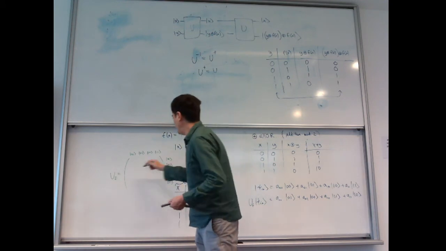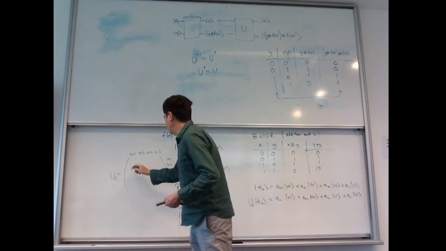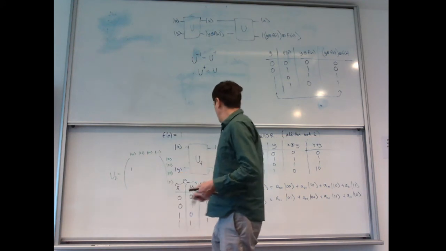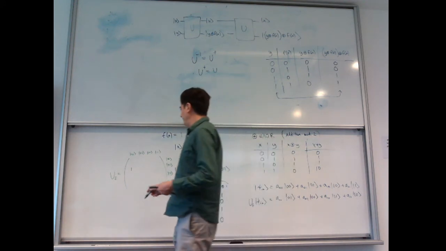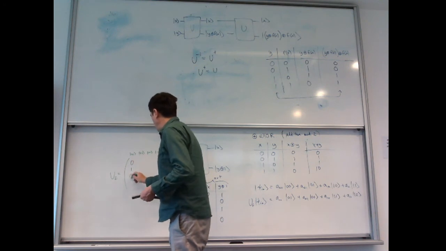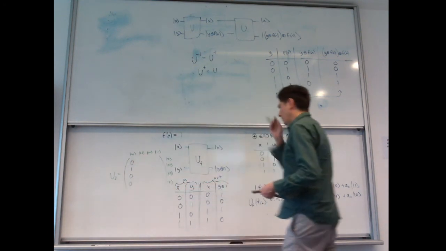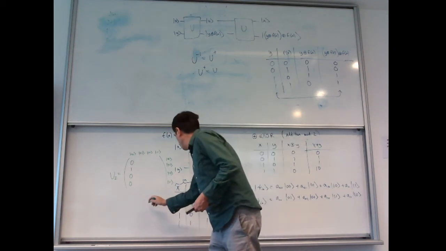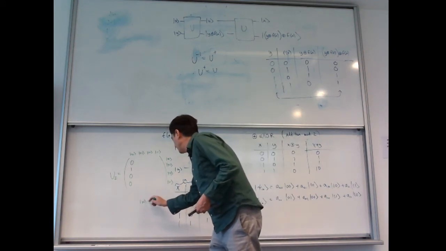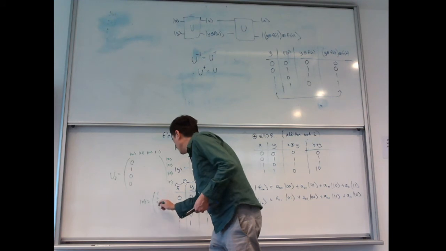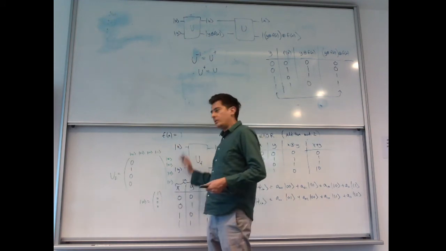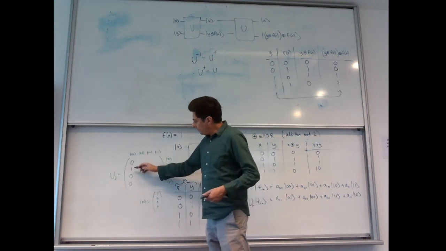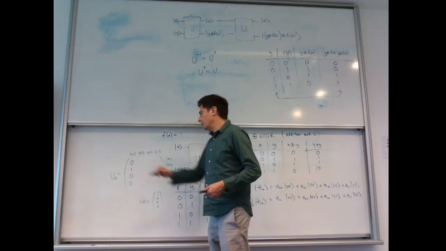That basically means that we need this element to be 1 and all these other ones to be 0, so that when we multiply this matrix with the input state 0, 0, the output will be in this row.